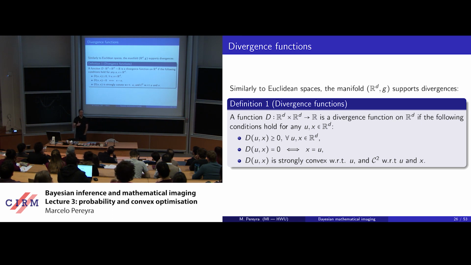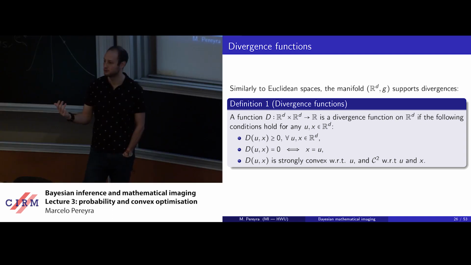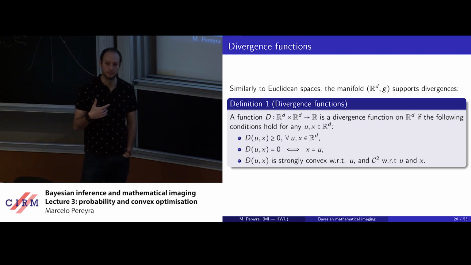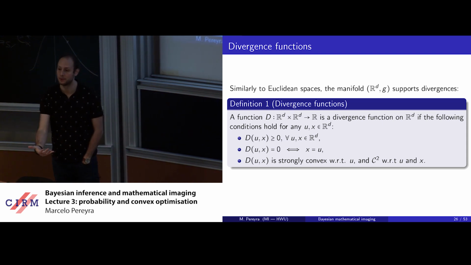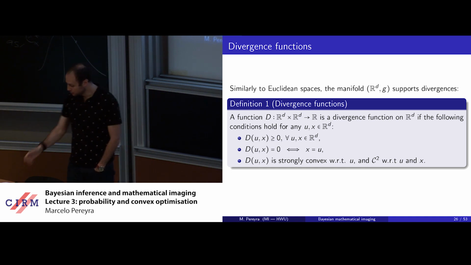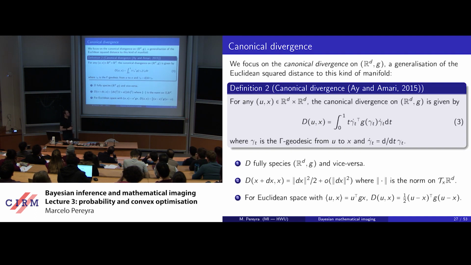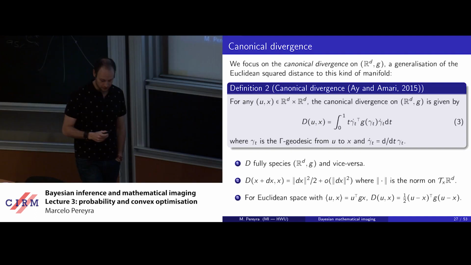And once I do that, I start having lots of options of how I'm going to measure distances depending on what Euclidean geometry I induce on my parameter space. And once I induce a specific geometry, then I have a very specific divergence that I want to use, which is called the canonical divergence of the parameter space.